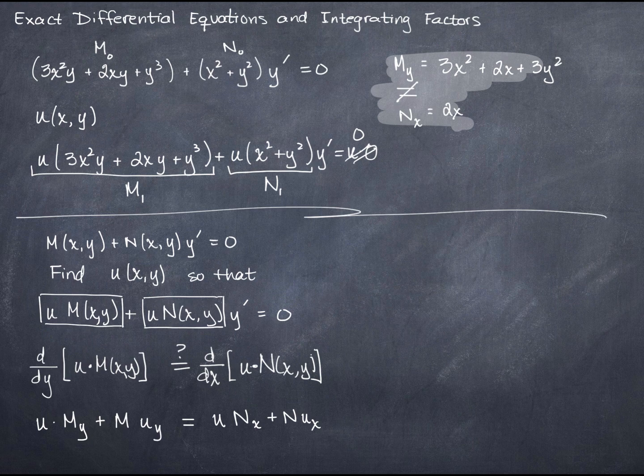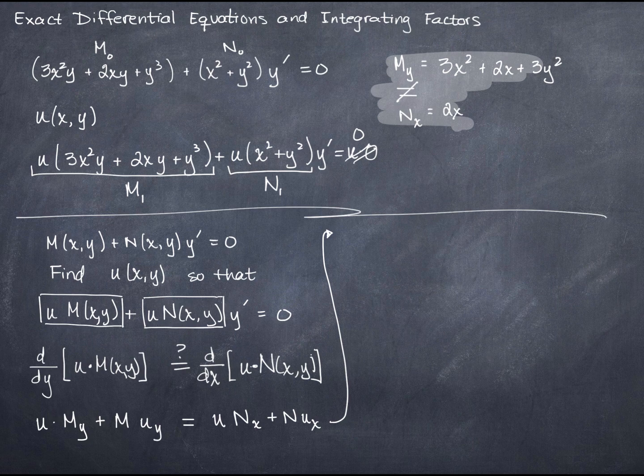So I'm going to rewrite this line now up here, but I'm going to do a little bit of algebra as I go along. I've noticed here that this is just a u and this is just a u. This is a partial of u with respect to y, and this is a partial of u with respect to x. So what I'm going to do is isolate on one side the terms that have just a u in them, and on the other side the terms that have a partial derivative of u in them.